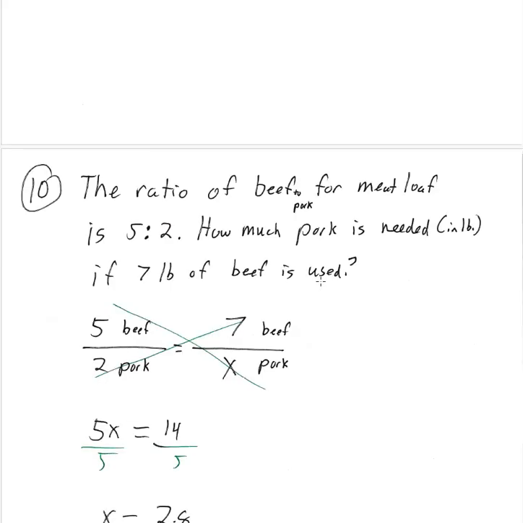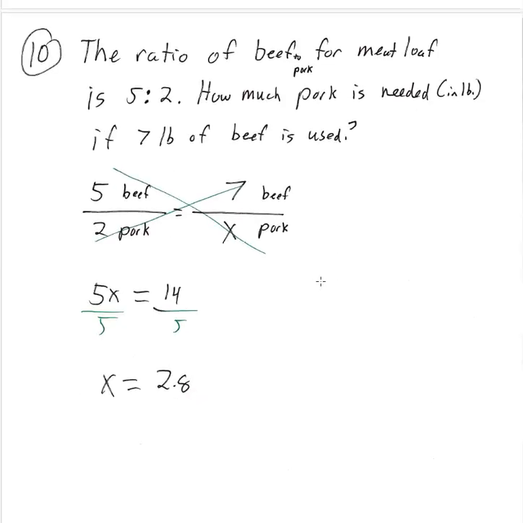Okay, now I get to number 10, which is kind of like the same thing, only it's talking about meatloaf. And I have an awesome recipe for meatloaf if you ever want it. So, the ratio of meatloaf is 5 to 2. What this ratio means just basically is for 5 parts of beef to 2 parts of pork.